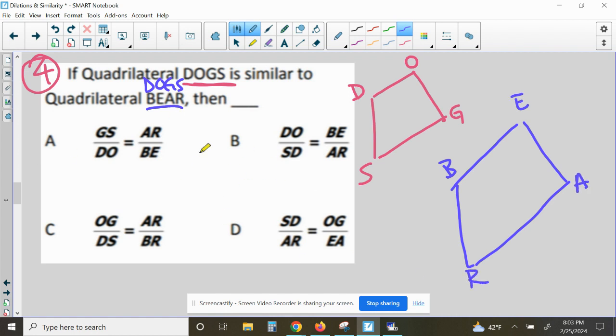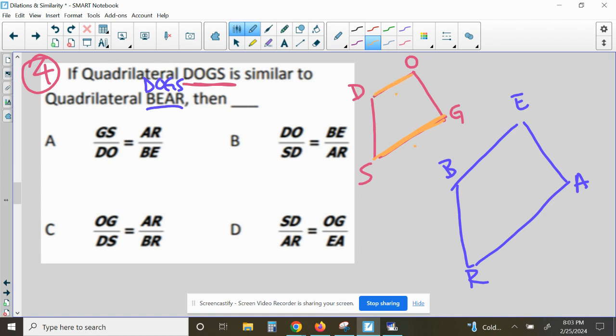Okay, so I need to see which one of these proportions match up matching pieces. So let's go ahead and check them. Now remember, multiple choice are harder in math because you got to do 4 math problems. Okay, GS, G to S over DO. Okay, so we're doing this one over that one.